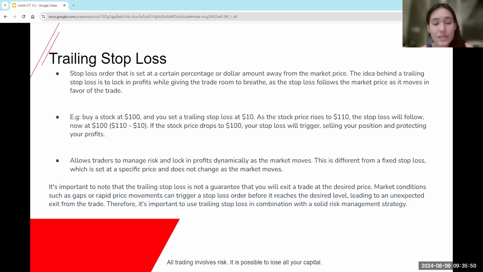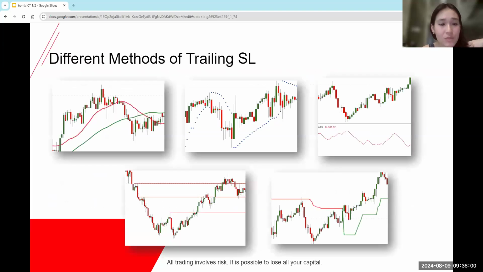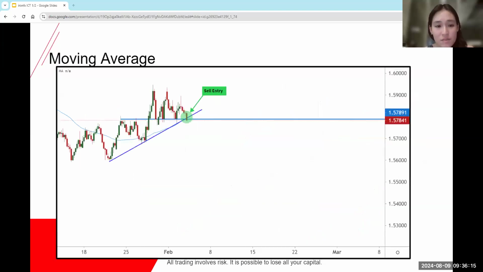This is particularly useful for trending markets, and I'll show you in the next couple of slides why. There are a couple of different methods for your trailing stop loss. First is your moving average indicator, followed by parabolic SAR, chandelier and ATR, support and resistance levels, and a combination of all of these methods.